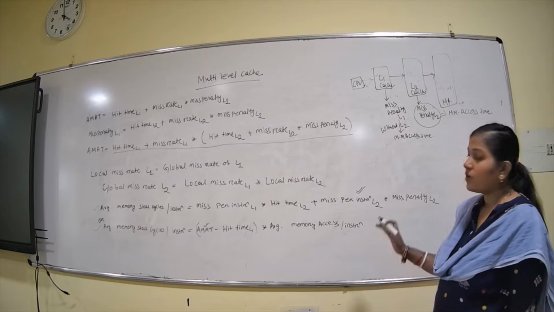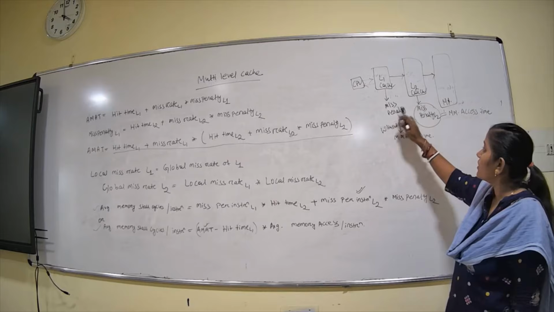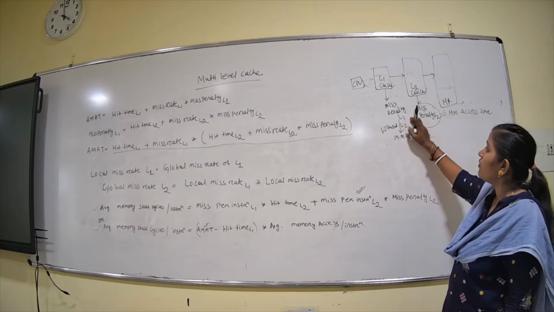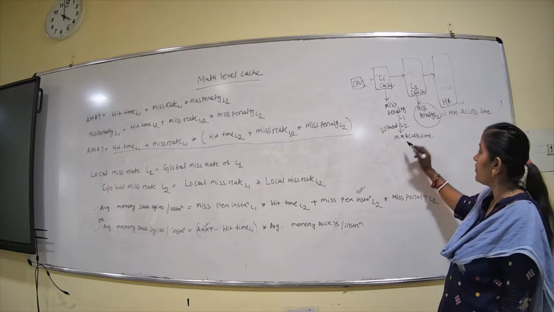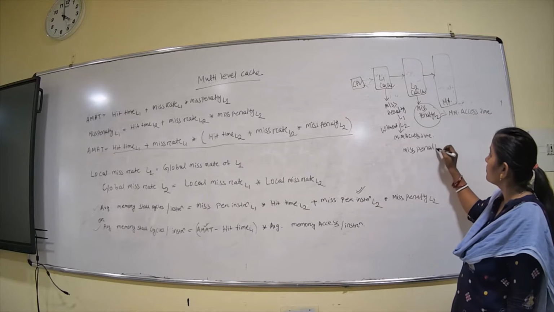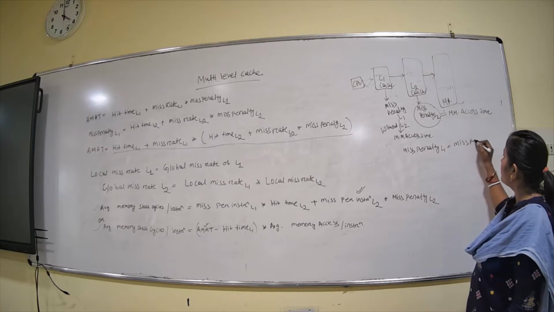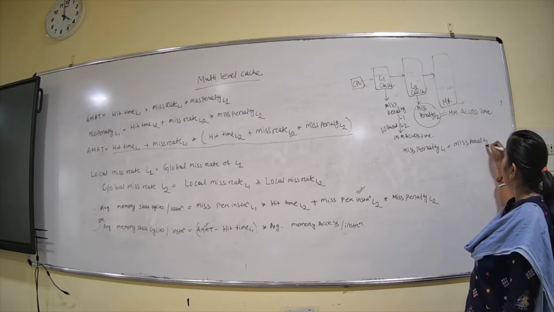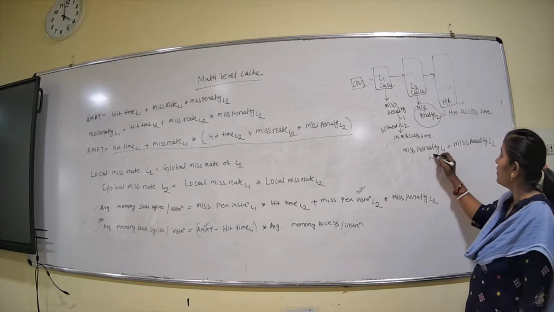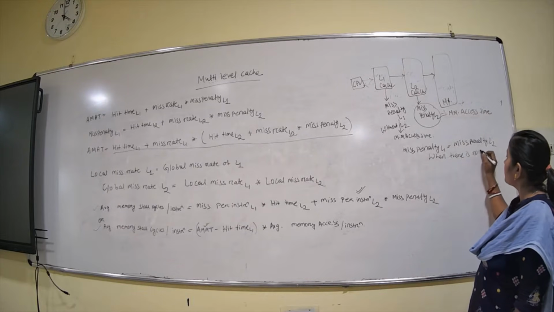Okay, so we'll see some numericals based on this. Also, the miss penalty of L1 is going to be the main memory access time. That means the miss penalty of L1 is equal to the miss penalty of L2 when there is no L2 case.